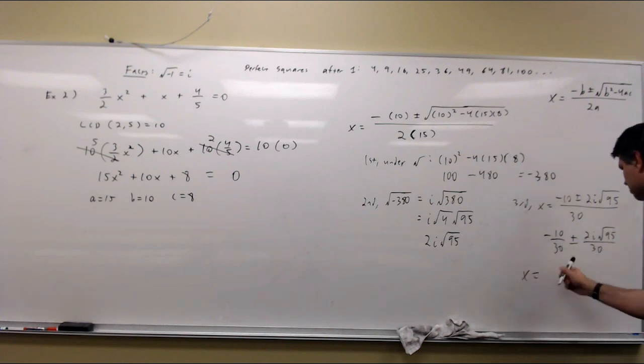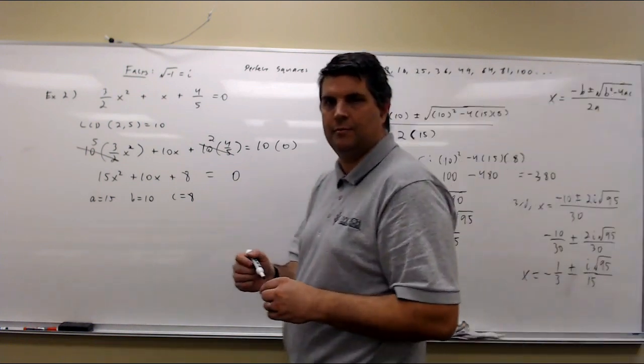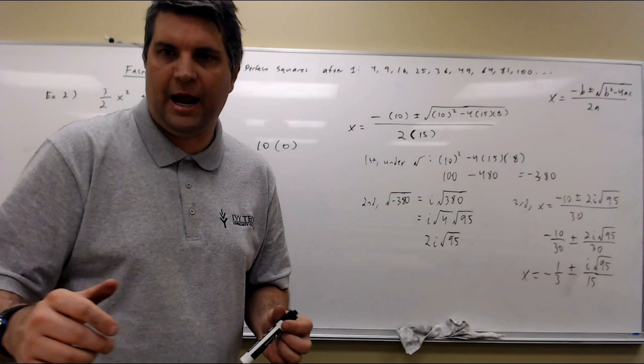So x equals, when I reduce, negative 1/3 plus or minus i over 15 square root of 95. All right.